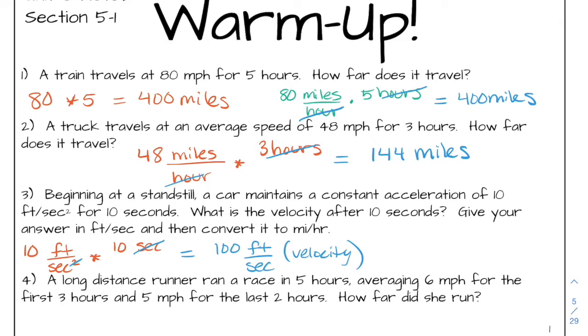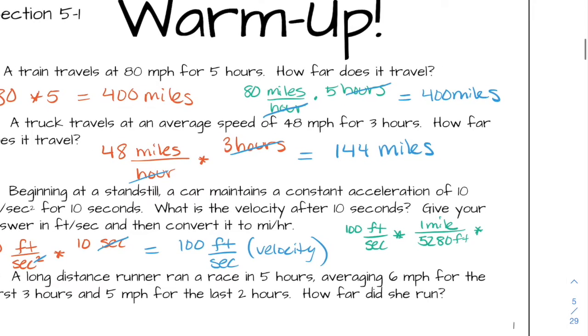And now we're going to convert it to miles per hour. So we'll take our 100 feet per second, and there are 5,280 feet in 1 mile, and there are 3,600 seconds in 1 hour. What I'm doing is I'm knocking out all these units of measure. So feet divided by feet, seconds divided by seconds. And what I have now is miles per hour.